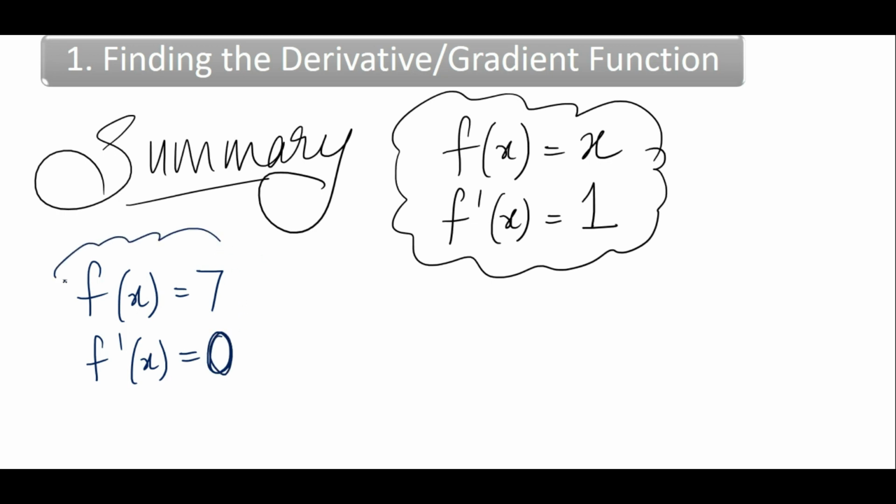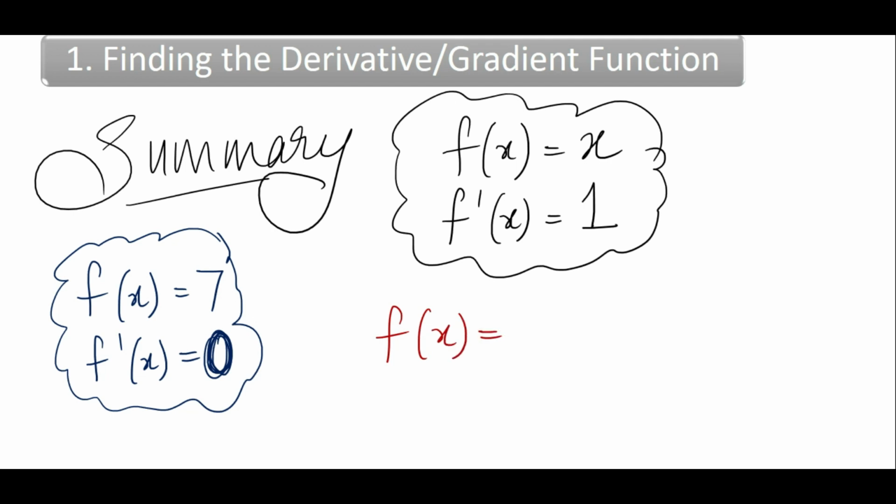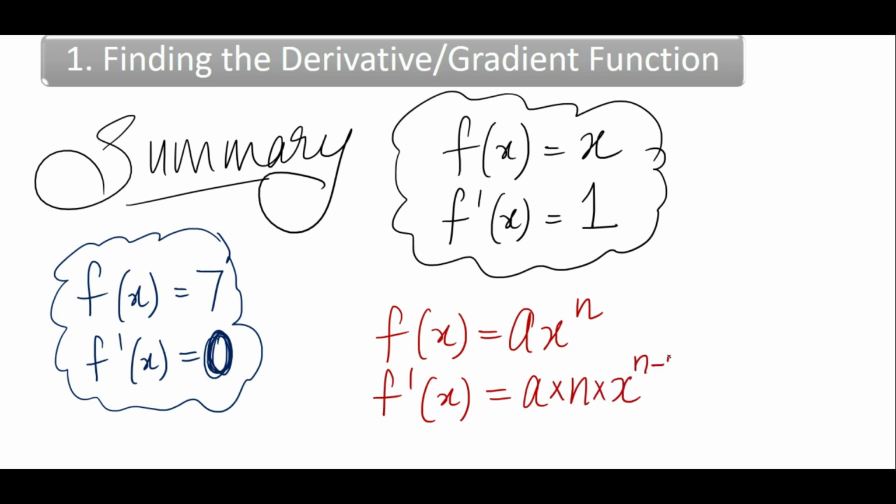There is no x, so no change. f of x is equal to ax to the power n, then f dash of x is equal to a times n times x to the power n minus 1.